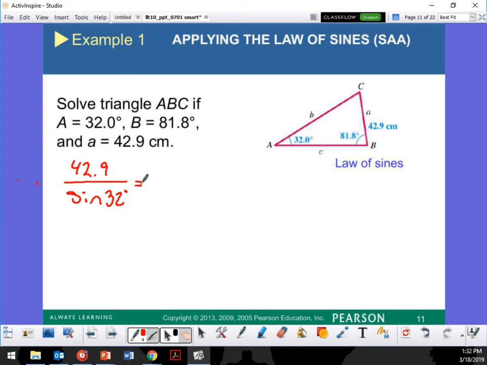Little b over big B. I have big B, so I can solve for little b. In my cross products, my proportions, I am only going to have one unknown. If I have two unknowns, I can't do this. So my only one is going to be little b.